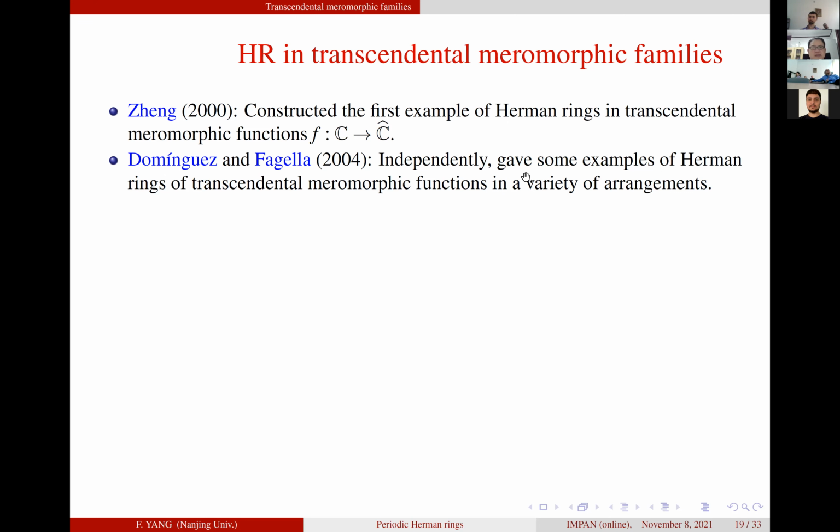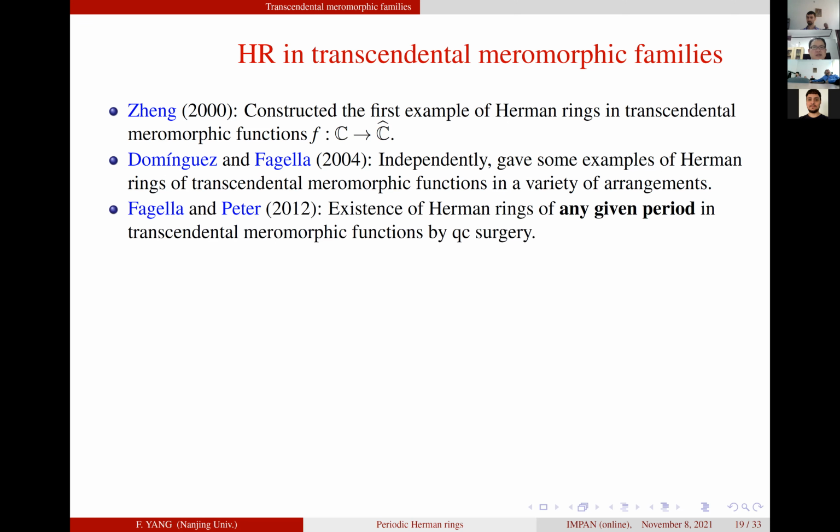Those Herman rings have a variety of arrangements. In 2012, Vagina and Peter proved the existence of Herman rings of any given period in transcendental meromorphic functions, also by quasi-conformal surgery. And recently, Russia proved the existence of Herman rings in elliptic functions.